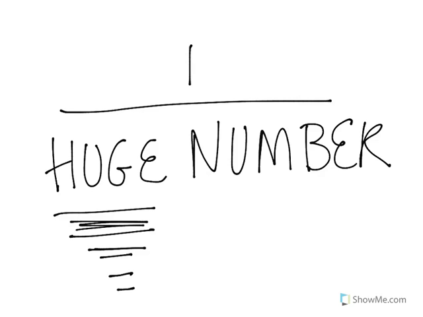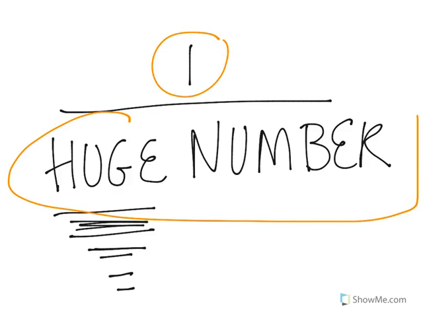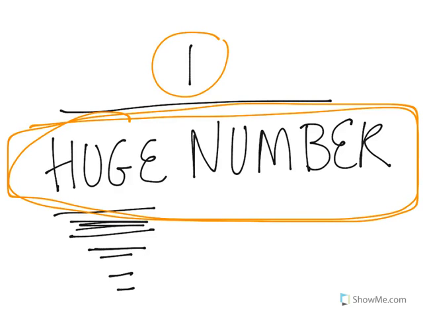So the chance that all the life-sustaining forces came together by chance and were able to sustain life on Earth is very, very small. It's 1 over a giant number. A huge number, in fact.